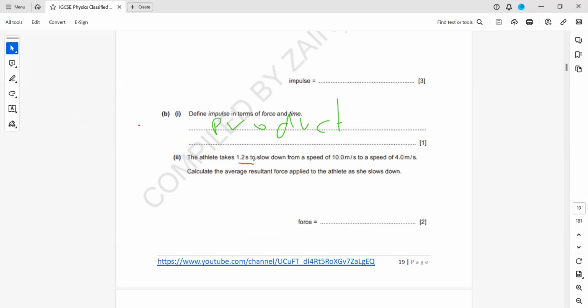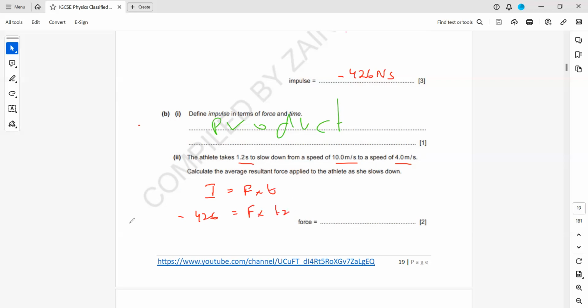Then the athlete takes 1.2 seconds to change his speed. We already calculated the impulse, which was minus 426 newton seconds. If we need the force, impulse is force multiplied by time. So it was 426. If you put negative, that's also fine, because the force is opposing the motion, and the time is 1.2.